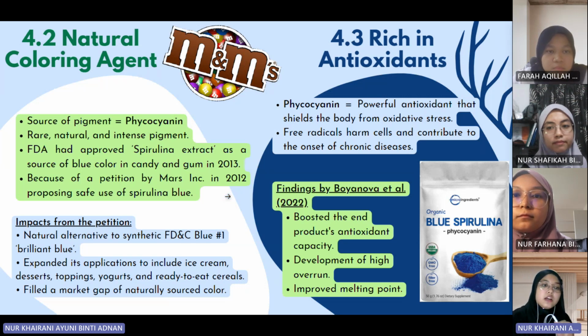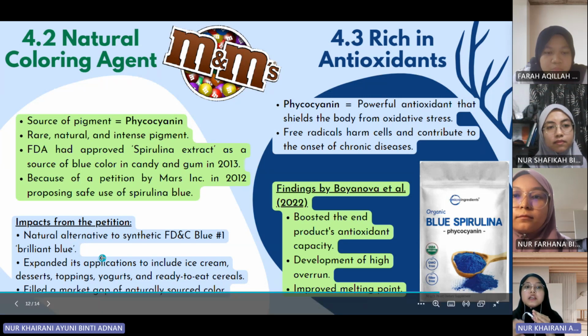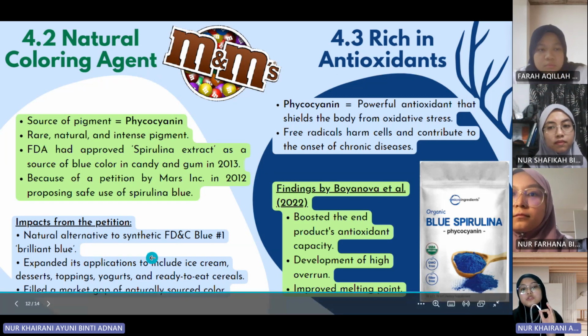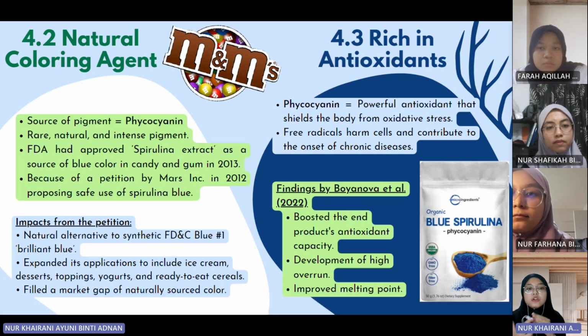And from this petition, there are several impacts. Spirulina has successfully replaced synthetic brilliant blue with a natural alternative. And this spirulina extract is not only used for ice cream, it is used for dessert, toppings, yogurt, and ready-to-eat cereals.